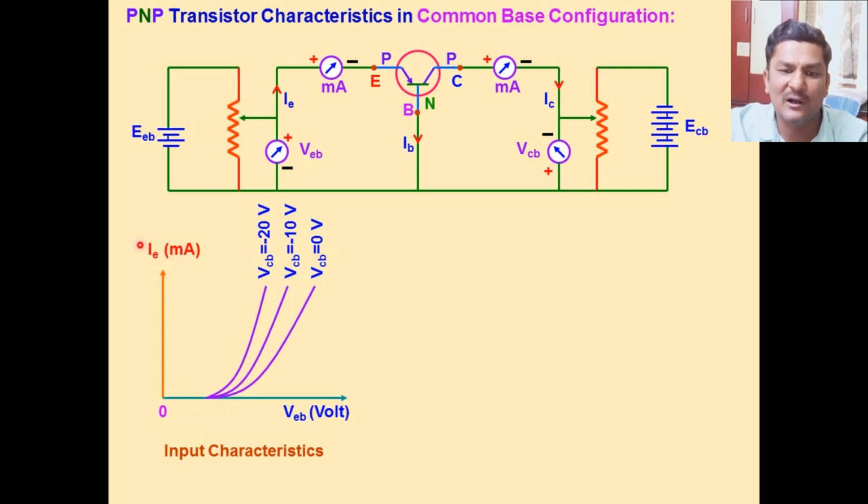The readings of IE in the ammeter are registered and tabulated, and a graph is drawn between VEB and IE, and the graph is a curve. This is the second line.